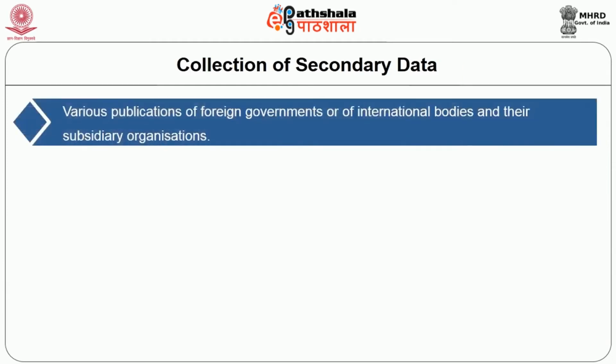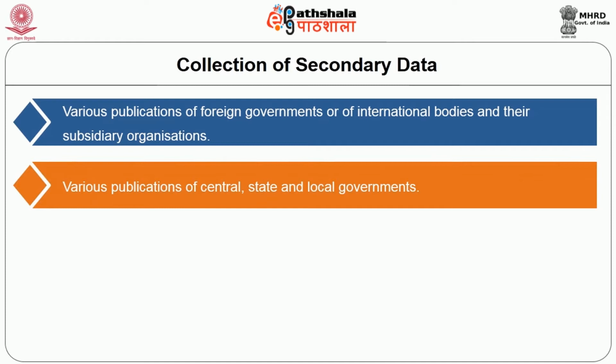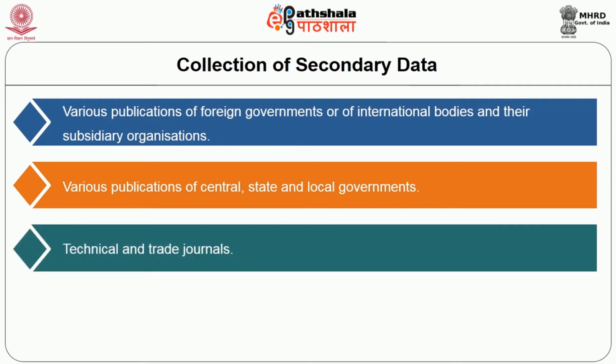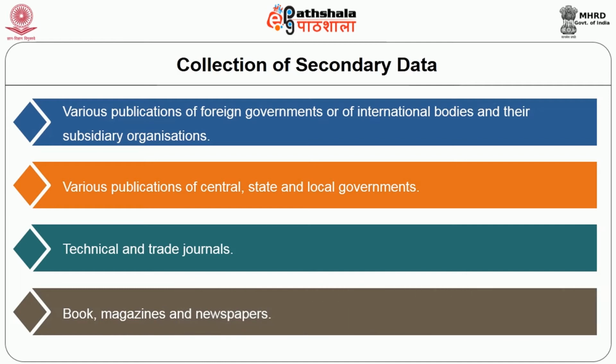Now let us see collection of secondary data. Secondary data may either be published or unpublished data. Usually published data are available in: A. Various publications of foreign government or of international bodies and their subsidiary organizations. B. Various publications of central, state and local government. C. Technical and trade journals. D. Books, magazines and newspapers.